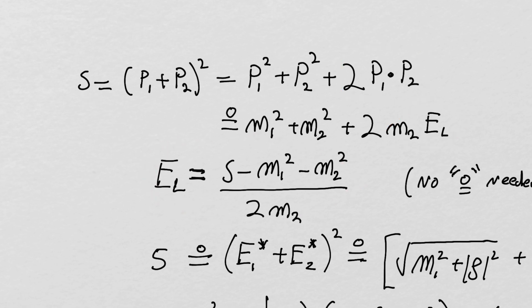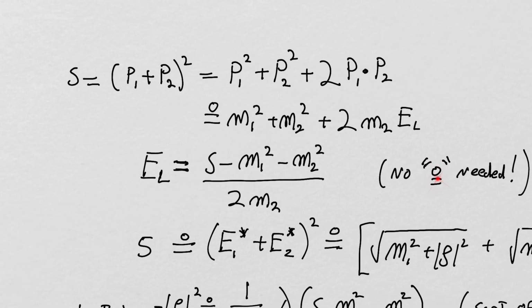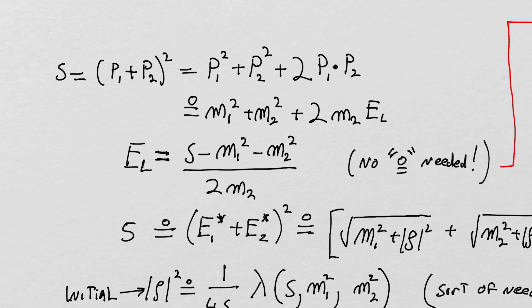And now notice I've gotten rid of the equal sign with this circle on top, and that's because we're leaning on this L. This L tells us we're dealing with the lab frame. If we just left this with an E, you'd think, oh, there's some energy there, and it must be that. You wouldn't know what energy that referred to. You would think that this is some kind of true thing in every frame. But because we have the L there, we know we're in the lab frame. So I can kind of drop it.